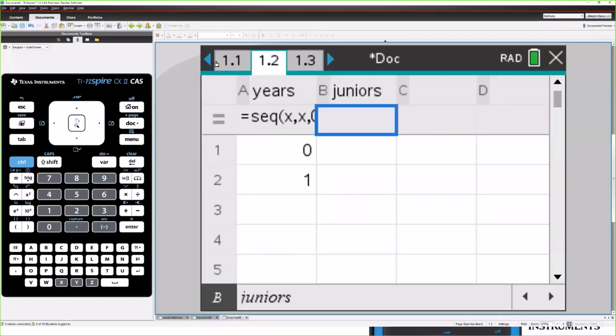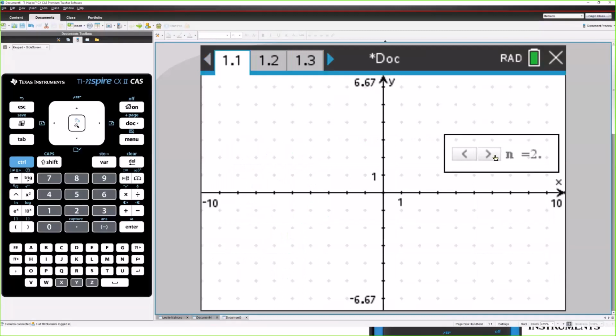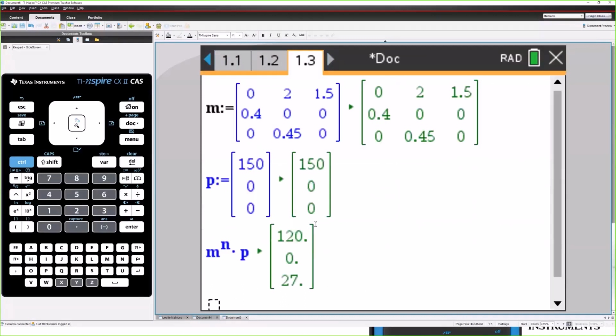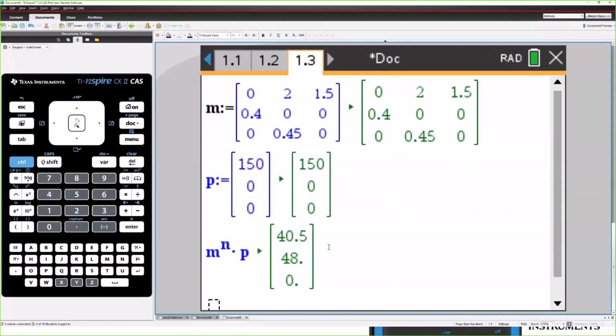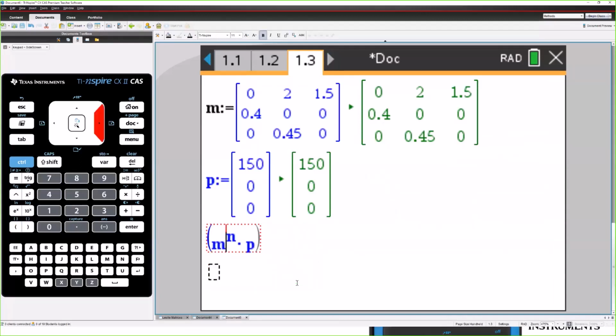And then when I jump over here and make that 2, it's now jumped into my second year. That's kind of cool. If I change it to 3, I've got that. So how do I get the 40.5 off to figure out the number of juniors in the total? Well, I'll put that in some brackets to force that calculation out.